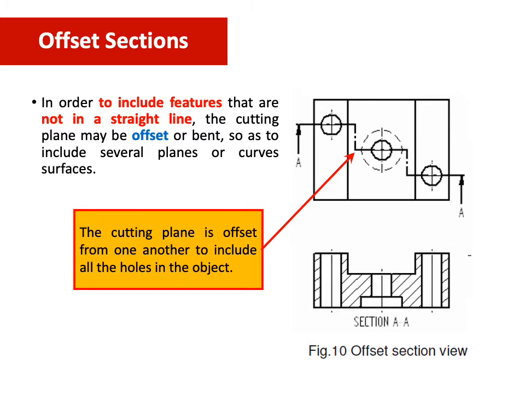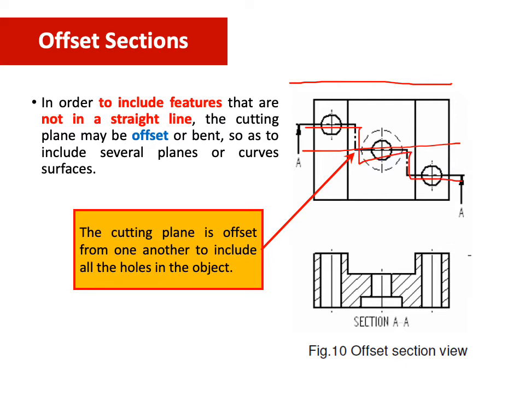So you can see here in the example, the offset is cut like a step. This one is more in depth and then comes to the front of the object. It's not cut in one line. A uniform line like this is easier to cut, but this is like a step.